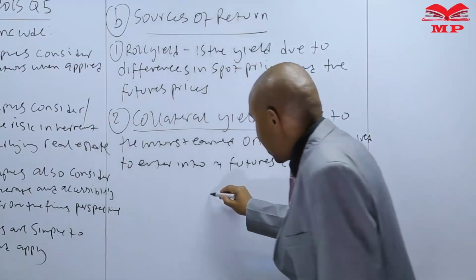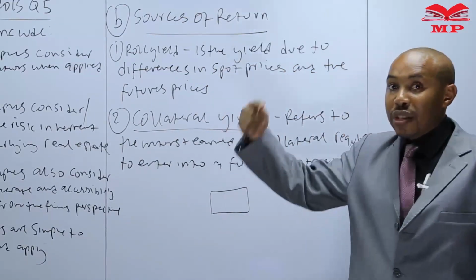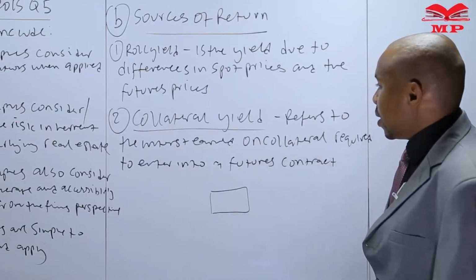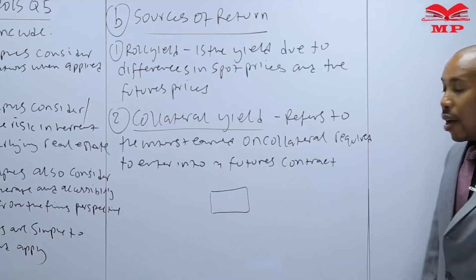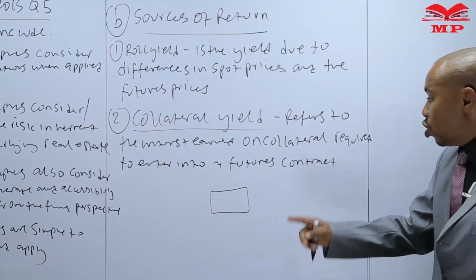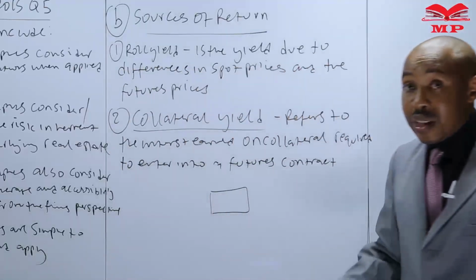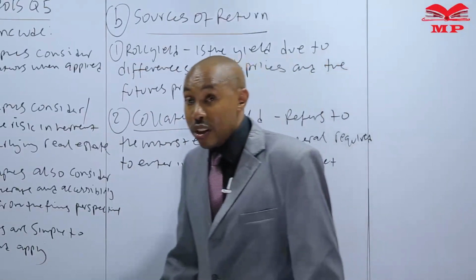What is the collateral itself, or the underlying asset that you expect to receive in future? So we are saying that the collateral yield is the interest that is earned on the asset itself, which is required to enter into a futures contract. So if it appreciates in value, then we expect to earn a return based on the commodity itself.